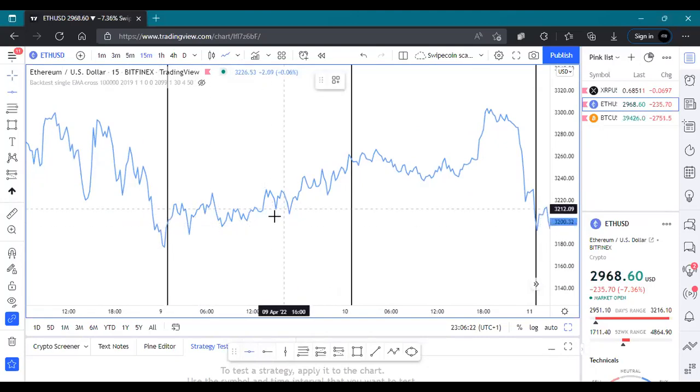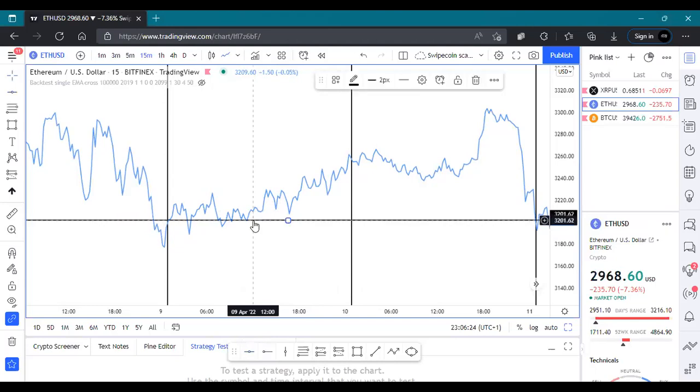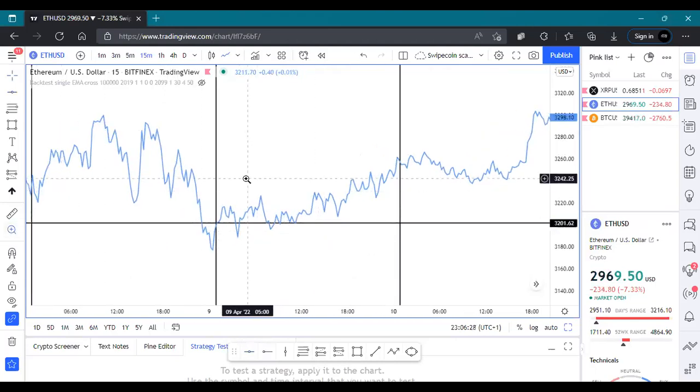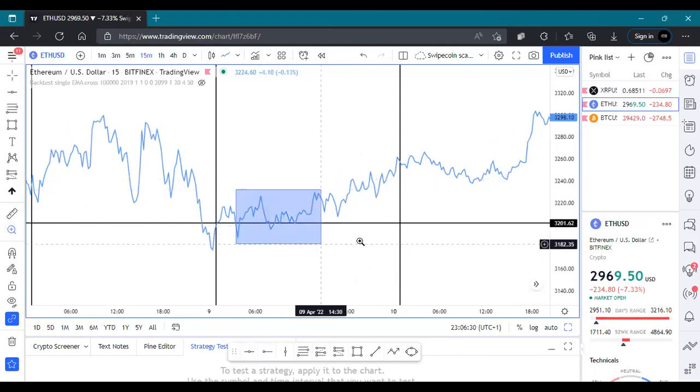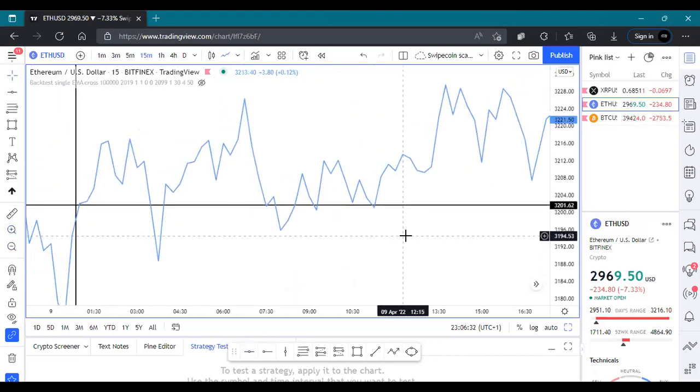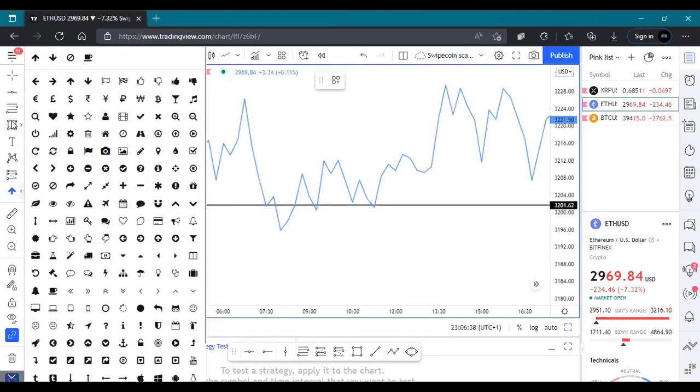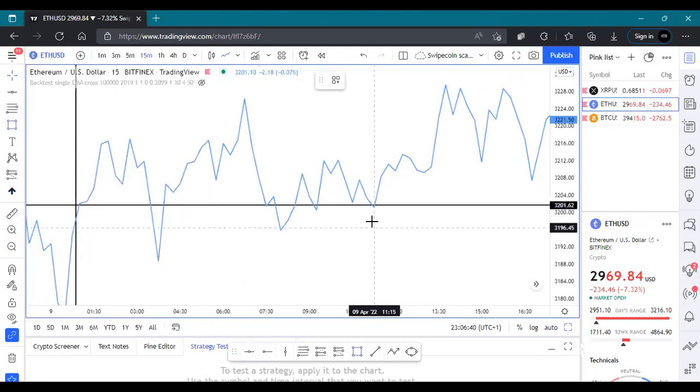So if I draw a horizontal line on these bounces, let me zoom in very well so that you can actually see it. This is 1. Sorry, let me use this instead.